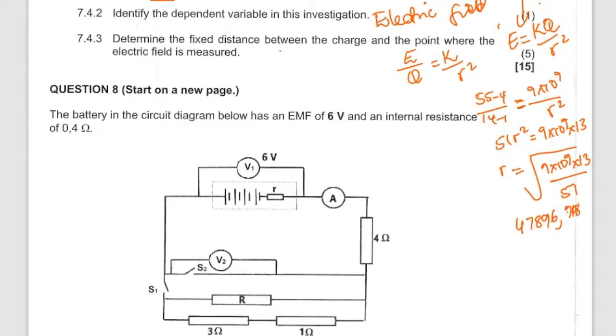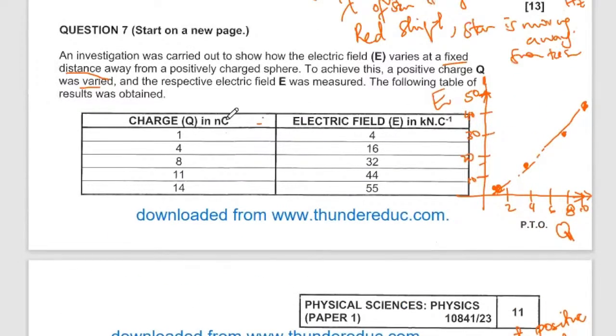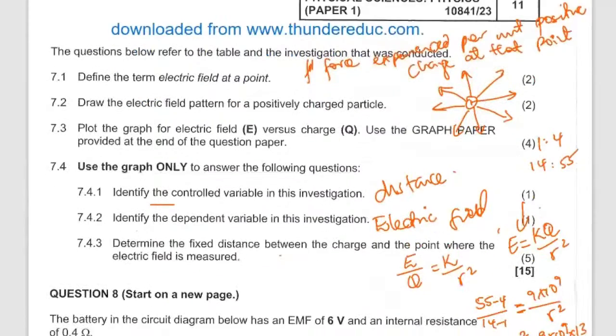Let's go back to the graph and see. Because this was in nanocoulombs, and then this is a K, which is like a Q. Okay, we can now see.